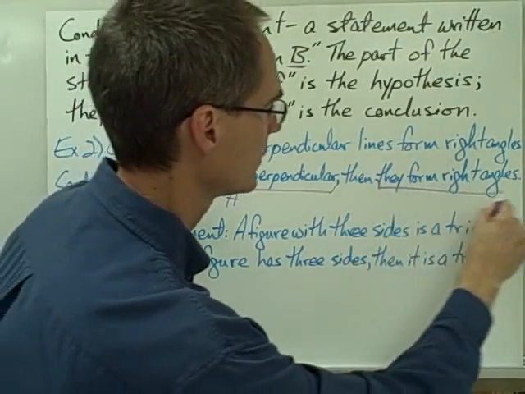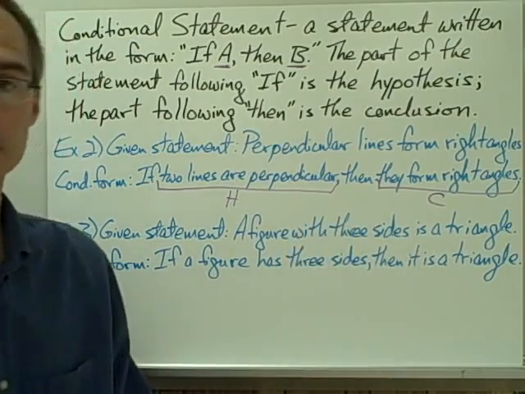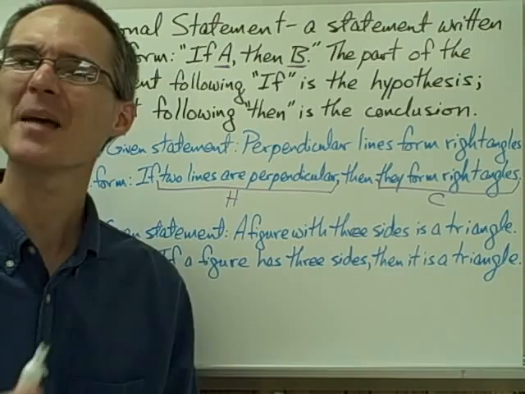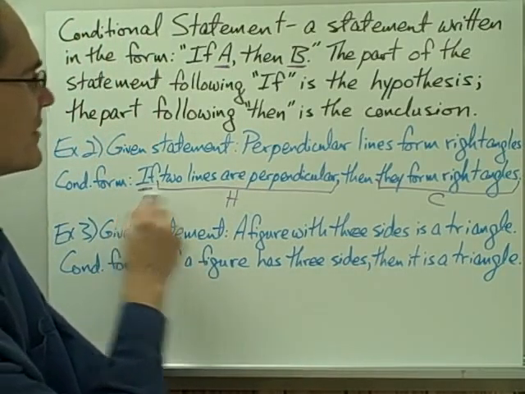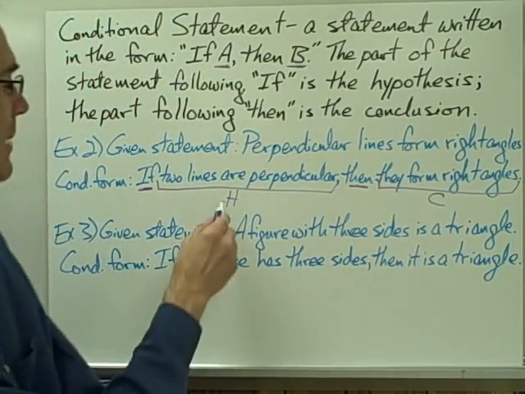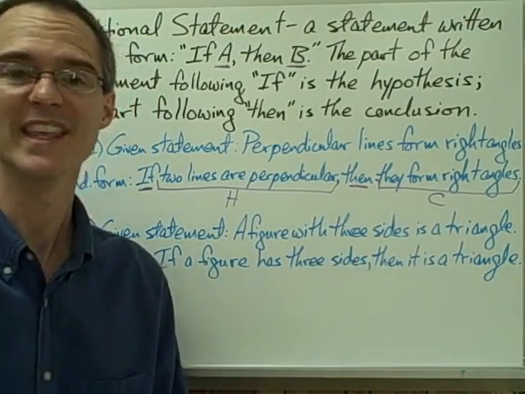And the conclusion, which is the part of the statement that follows then. Notice the word if and the word then, they're not part of either the hypothesis or the conclusion. They just help us to identify where are the hypothesis and the conclusion. All right, so the hypothesis does not include the word if, the conclusion does not include the word then.